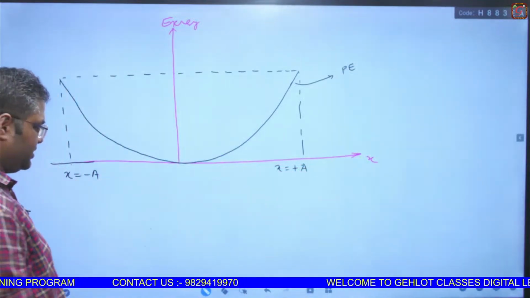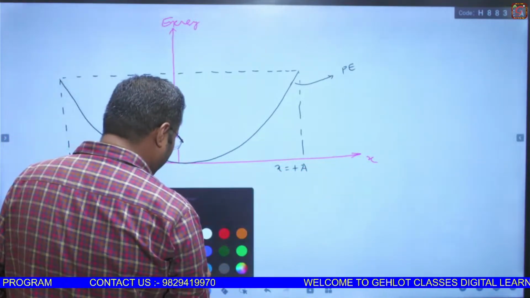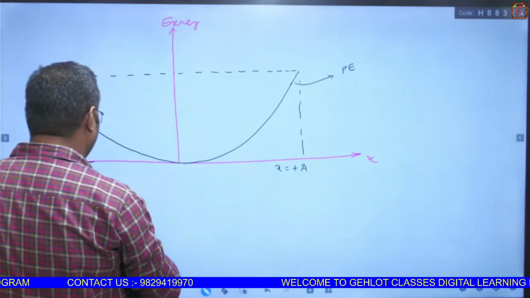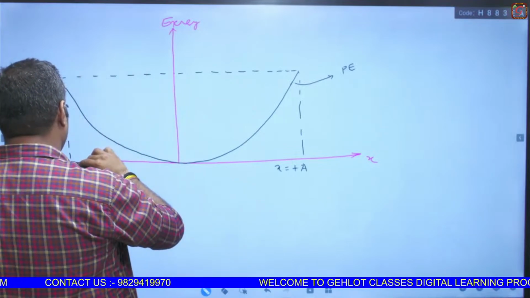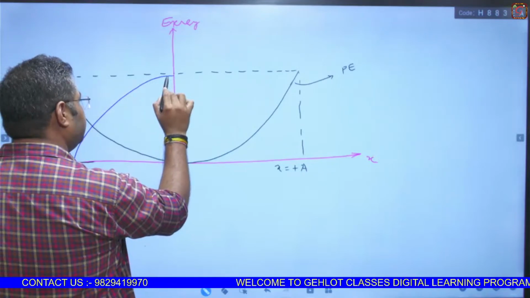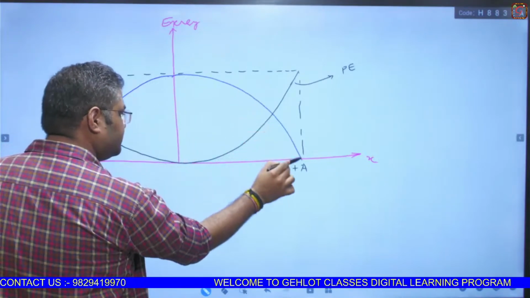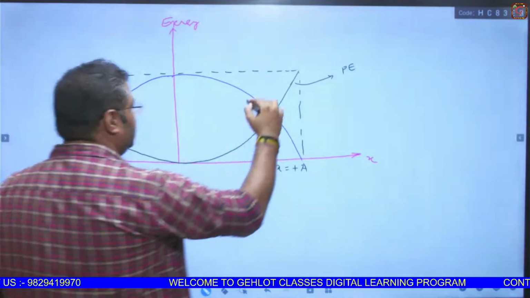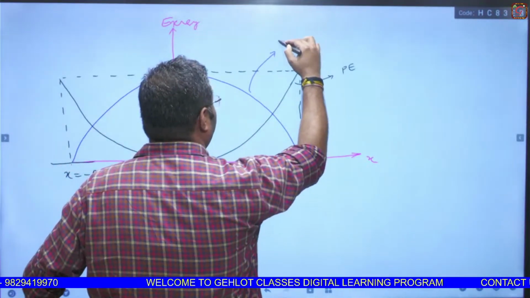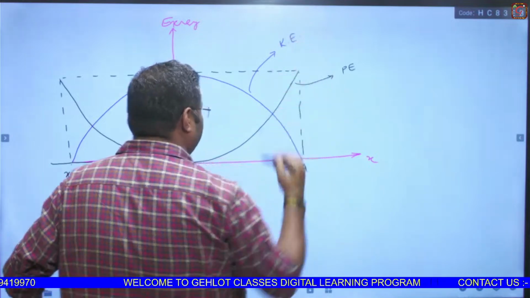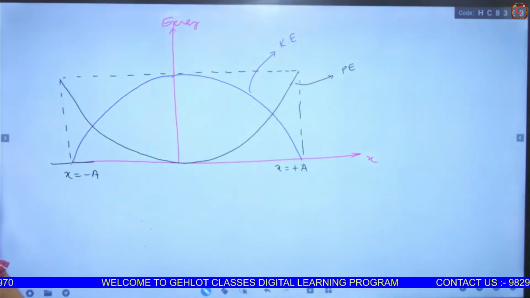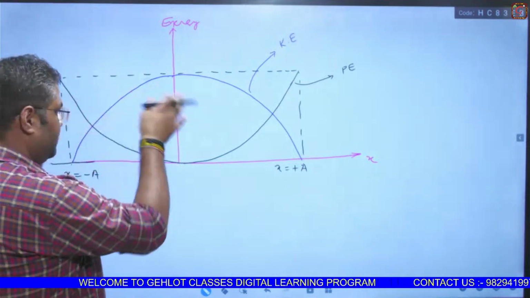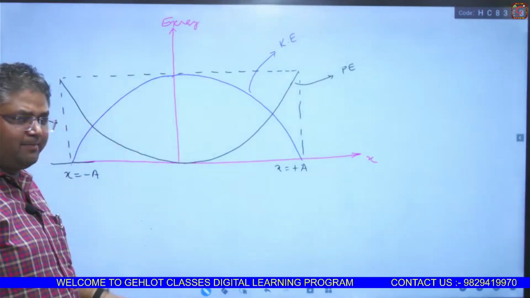Now if we draw the graph of kinetic energy, the graph of kinetic energy will look like this. So this is the graph of kinetic energy. Is this okay? See, this graph is the opposite of potential energy.